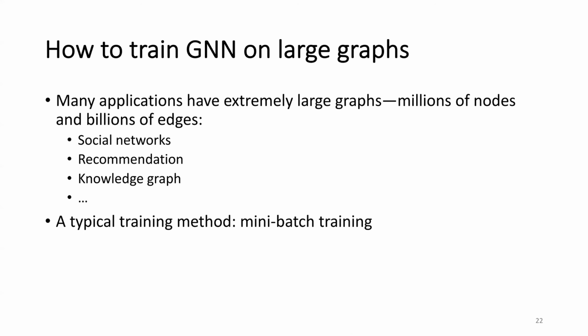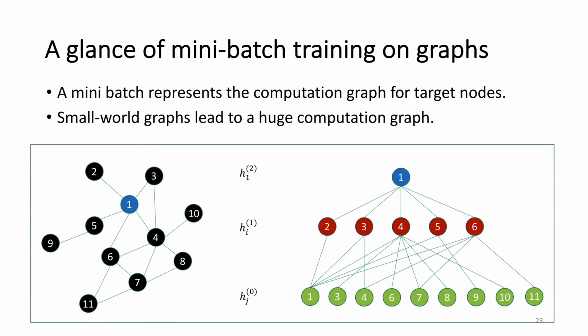So the idea of mini batch training is as follows. Remember that in a GNN, we compute representations of nodes, and those are supervised in an end-to-end fashion. To a large extent, the individual training datum in a GNN is that of a node, usually referred to as a target node.